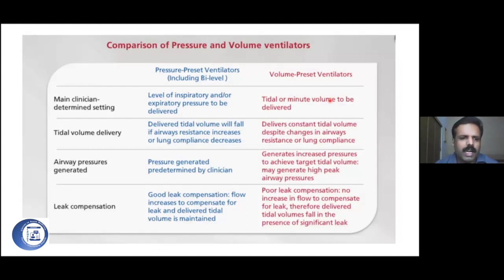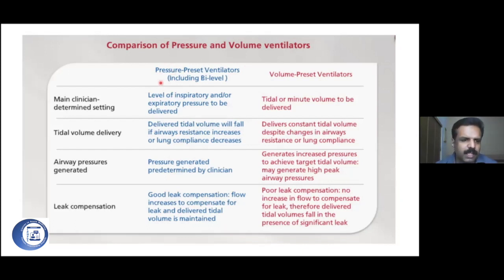The tidal volume delivery here depends on the pressure used, and here again it is constant, but the pressures will be varying. So the airway pressure in pressure control ventilation is constant, but here it will vary with the lung compliance. And good peak flow compensation is seen in pressure preset ventilators.